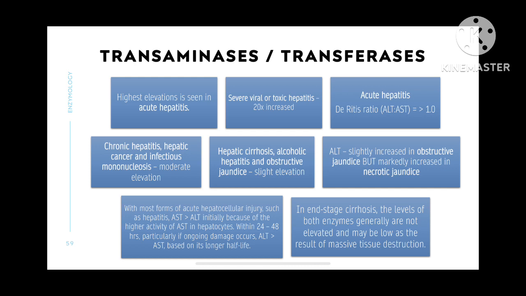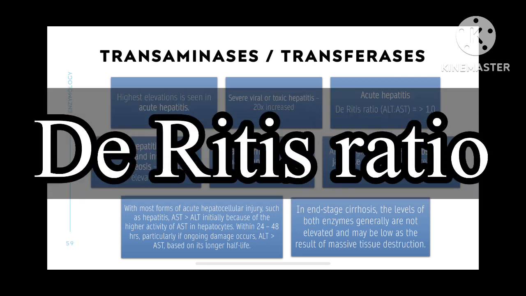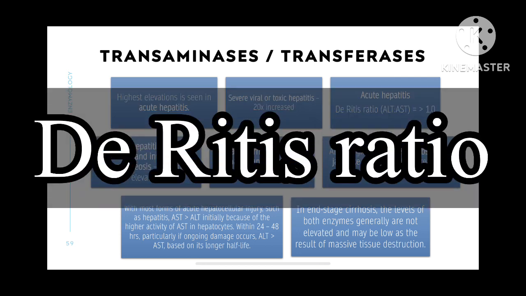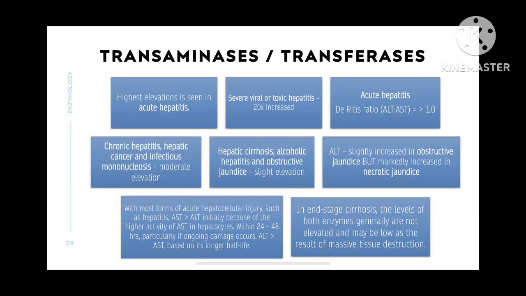By the way, what's a De Ritis ratio? De Ritis ratio is the ratio of serum aspartate aminotransferase to serum alanine aminotransferase. This has been proposed as a valuable diagnostic marker to screen liver disorder. The objective of this De Ritis ratio class is to assess the significance of De Ritis ratio as a diagnostic marker in population of hepatic disorder.